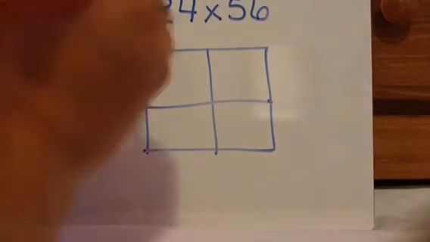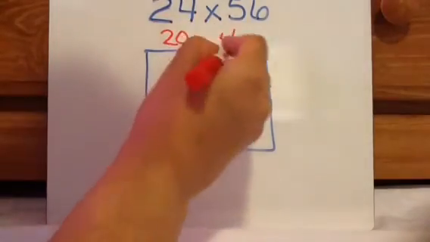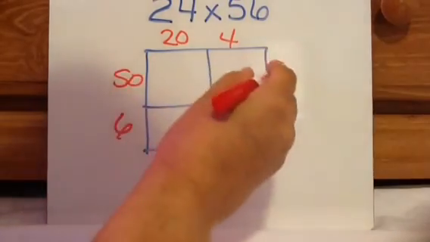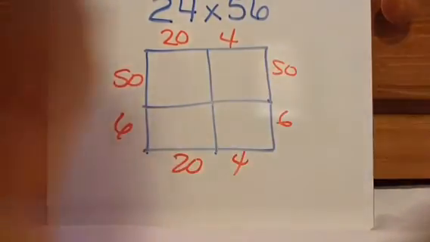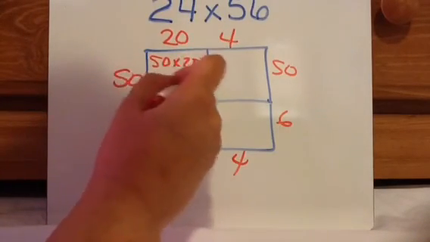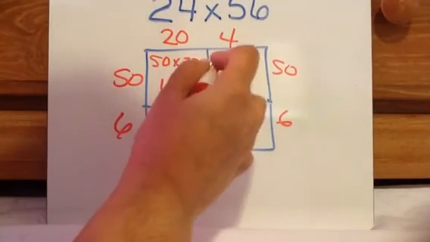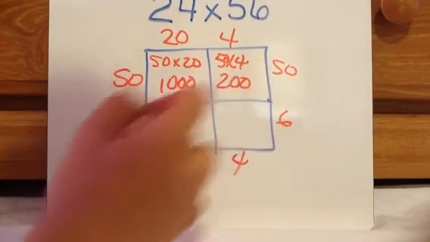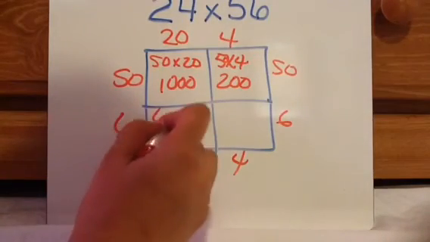Okay, so 24 times 56, 20 plus 4, 50 plus 6. So this is 50 times 20. That equals 1,000. This is 4 times 50. Whoops, so that's 200. This is 6 times 20.